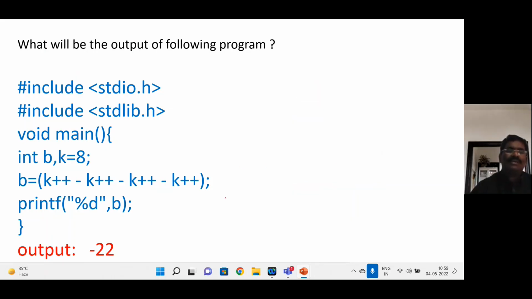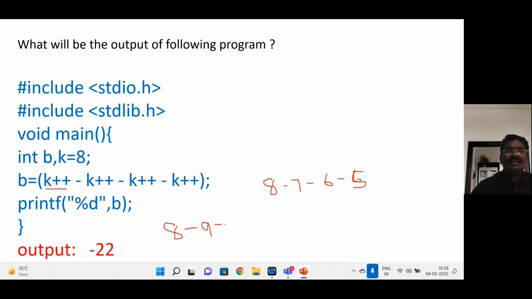So the first one is k++, which means we get 8. After that, minus the plus 1, that is equal to 9, right?